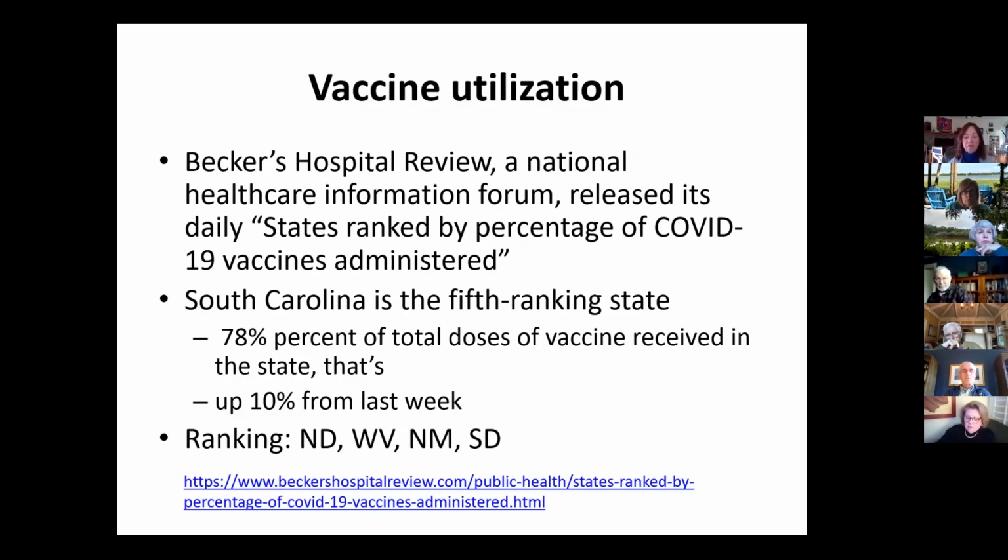Vaccine utilization. I mentioned that our allocation also depends upon how much vaccine we have been able to get into arms. And I know that South Carolina has been several times in the newspaper reported as being last in the nation in terms of vaccine utilization. And that's been a puzzle to us, because that's not how we saw those numbers.